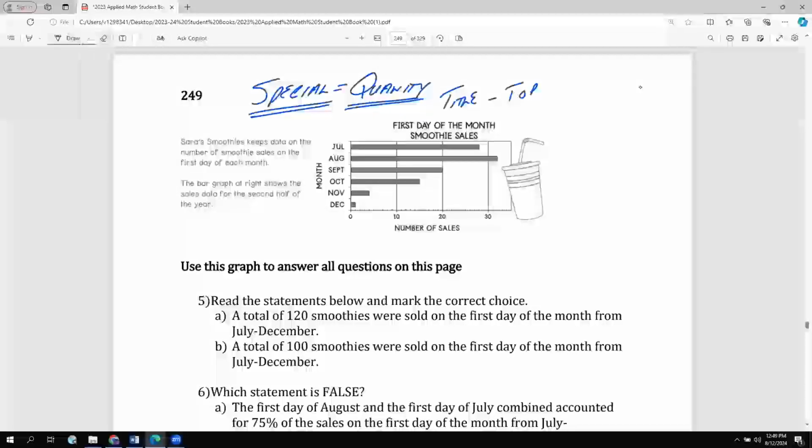Now, when you look at these bar charts, you can see that you have an up and down, and we're not going to say up and down. We're going to use the word vertical, and we're going to use the word horizontal to describe different places on this graph.